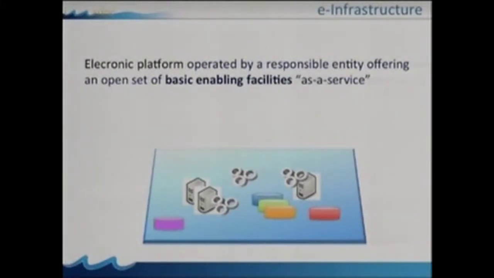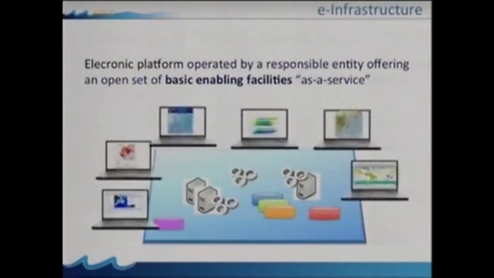The other part is, of course, the infrastructure. But what is for us an infrastructure? A very basic definition is that it is an electronic platform operated by a responsible entity which is offering an open set of basic enabling facilities as a service. You might be familiar with this expression, as a service, because everyone now is speaking about the cloud. So the idea is that the infrastructure offers to those that want to create specific applications some facilities as a service.